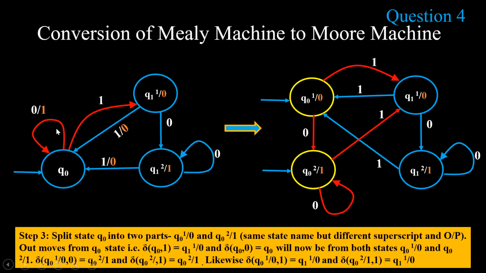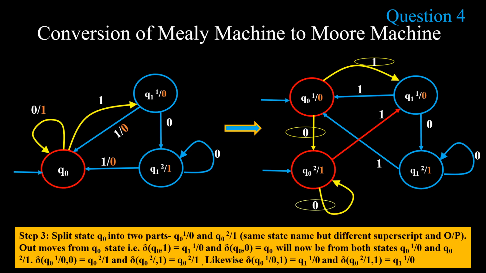Since it was for 1, it will be a self loop for 1, and from 0, it will be a move towards 1. So instead of 2 out moves, now we have 4 out moves. So this is how things will move around, and we will convert this machine from a Mealy machine to a Moore machine.